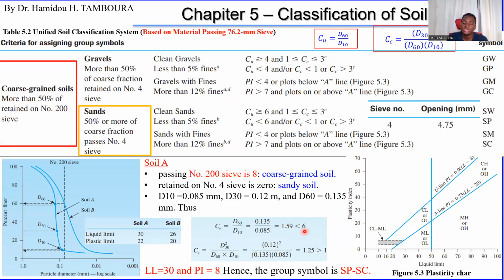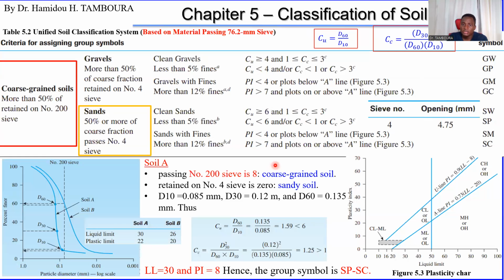Our CU is less than 6. Okay, then we have to check now for the PI, the plasticity index. In our case is higher than 7, right? Because plasticity index is 8.